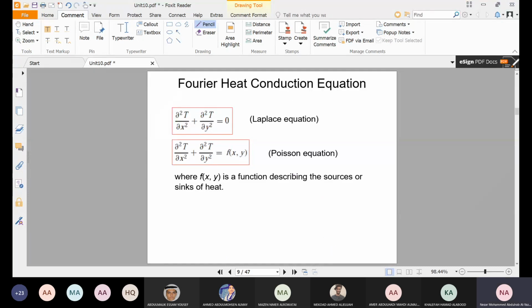And after that, we talk about the Fourier heat conduction equation, like for example Laplace and Poisson's equations. And here, what's the difference in Laplace? In the Laplace, we have f of x, y, which represents the source of the heat, equal to 0. This is what we have.